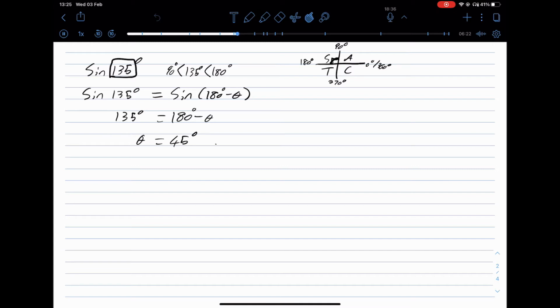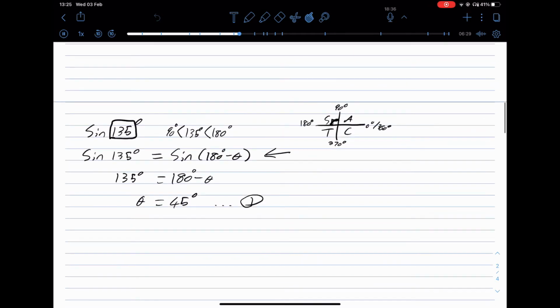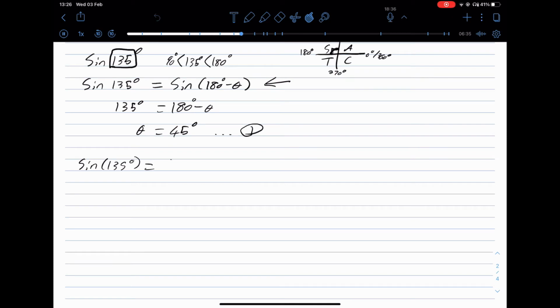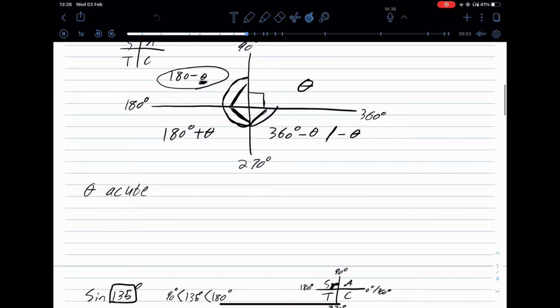So now that we have our theta, we can plug it in to this equation. So sine 135 degrees is equal to sine of 180 degrees minus 45 degrees. Now, recall that sine theta is going to be positive in this quadrant, the second quadrant.